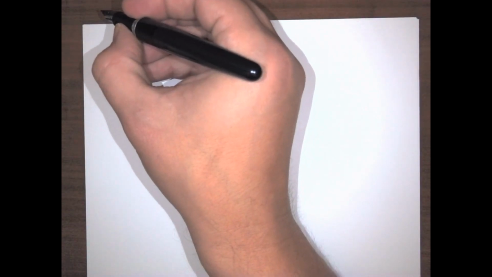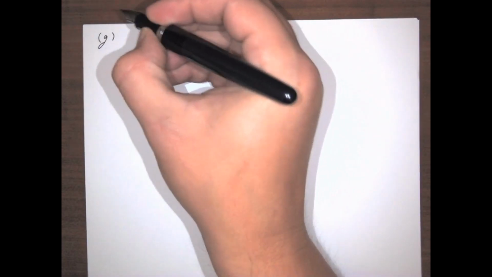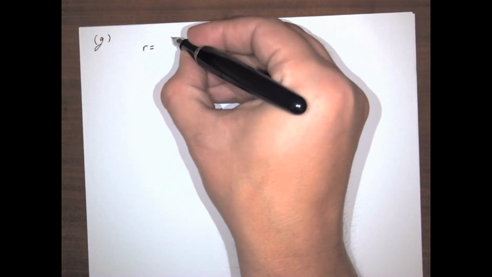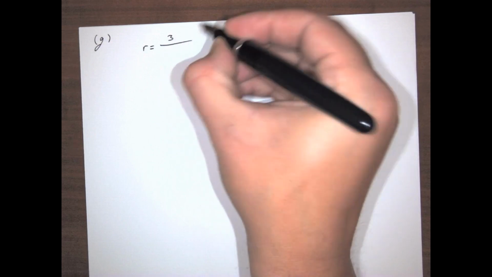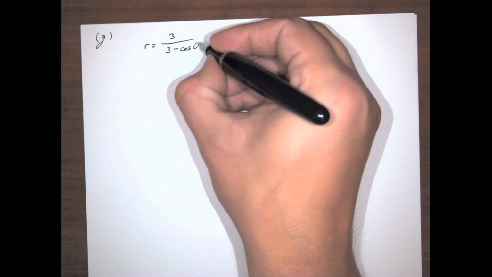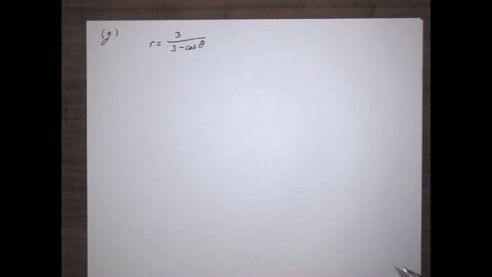All right, now for our last example in this section, the last of this category. Let's see, this is F, so this is G. Let's say we have the equation r equals 3 divided by 3 minus cosine theta.